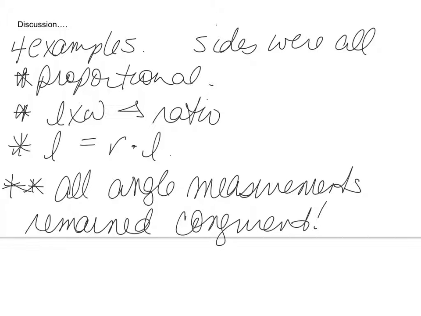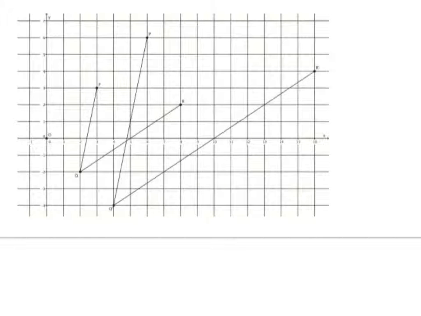If I take it just a little bit further, next slide. In Algebra 1, when you first looked at dilations, you looked at them on coordinate grids. So if we look at a dilation here, we showed back in Algebra 1 that a dilation with a center at the origin, right there, and a scale factor of R, an angle formed by the union of two rays and the image of the angle were equal.